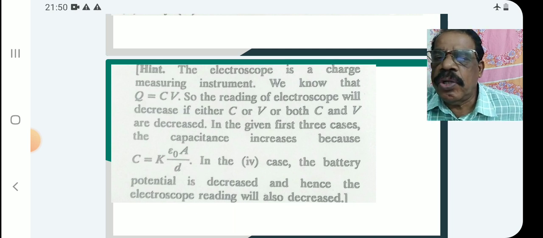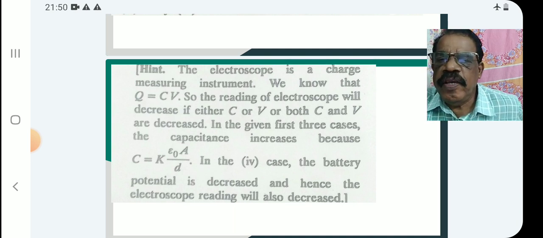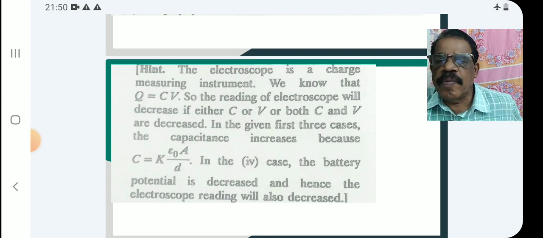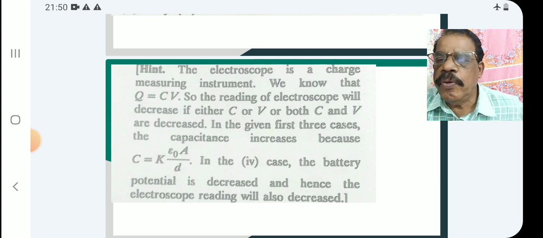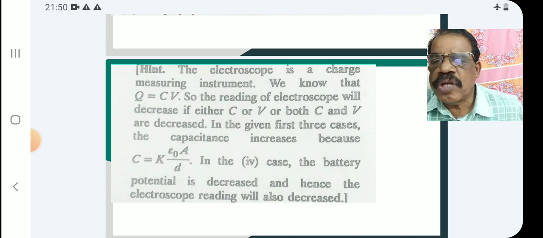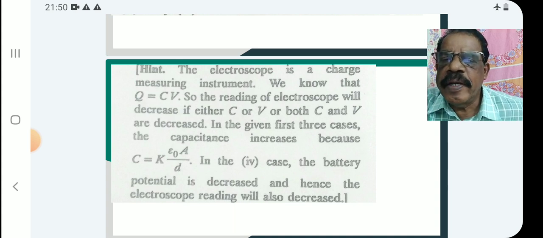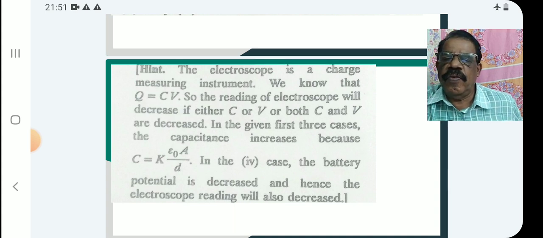So reading of the electroscope will decrease if either C or V or both C and V are decreased. In the given first three cases, the capacitance increases because C is equal to epsilon R epsilon 0 A by D, or K epsilon 0 A by D. In the fourth case, the battery potential is decreased and hence electroscope reading will also be decreased. So the fourth case is the correct one.